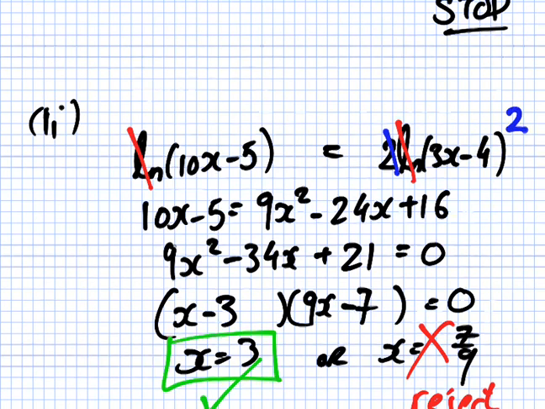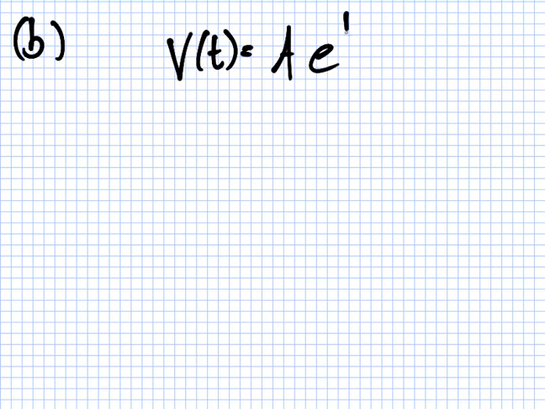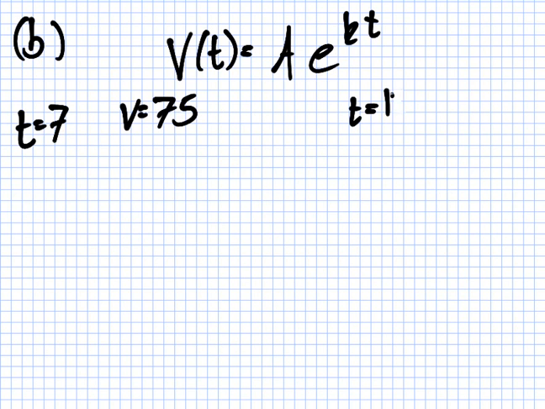Now it's the B. So we have this function V(t) = Ae^(kt), and we don't know the constants A and k, but we do know that when t is 7, V will be 75, and when t is 12, V will be 170.